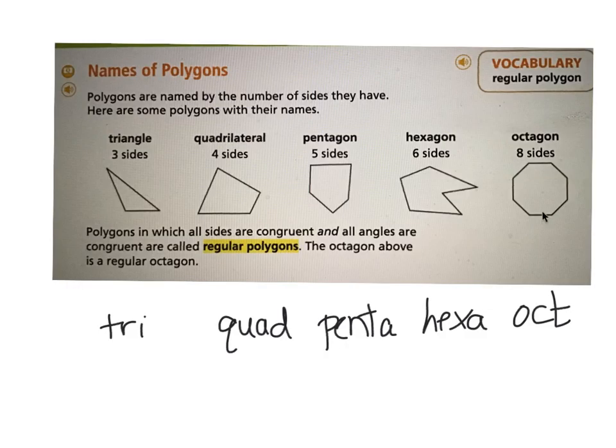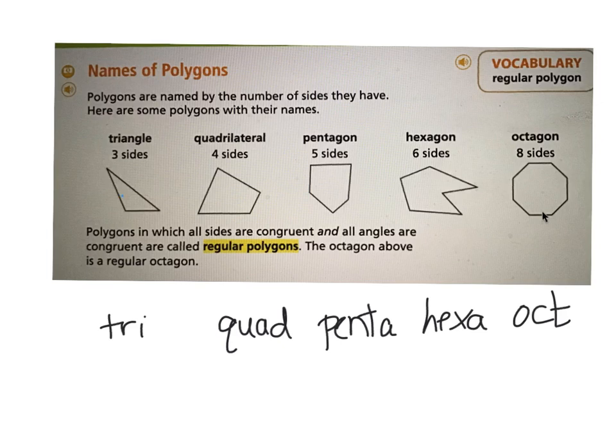Now let's look at some names of polygons. And these are all regular polygons. A lot of these beginning prefixes are like words that you've already known. So think about triangle. That means 3 sides. You know, tripod, trilogy, triplets, something of 3.